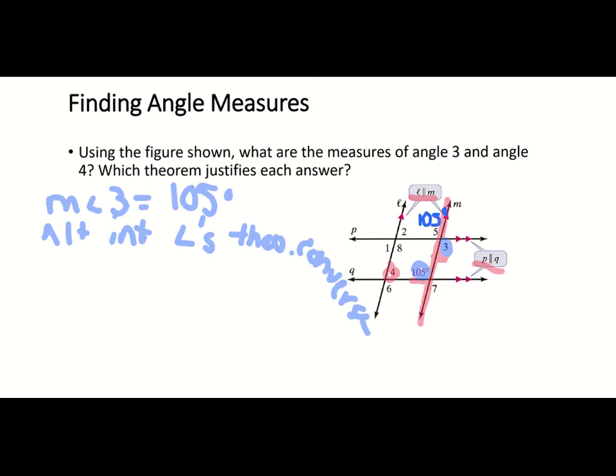And I need to find the measures for the angles over here. It's a different transversal. But I know 2 and 5, if I look at P as my transversal, are same side interior angles. So that means they're supplementary.